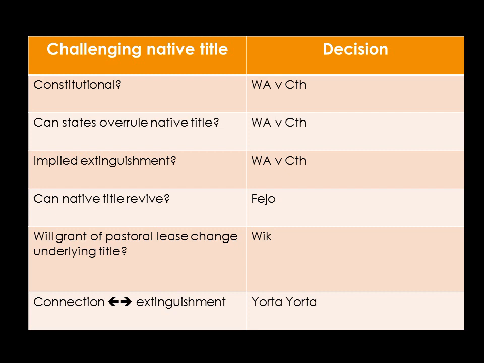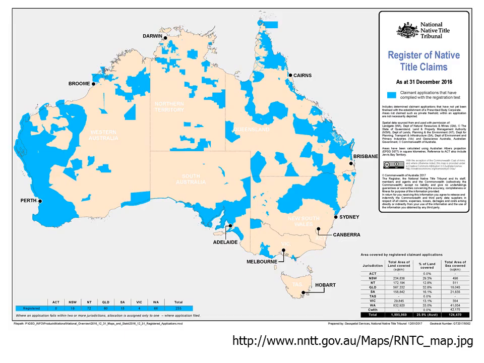So that's another example of the diminishing scope, I think, of the rights of traditional owners.